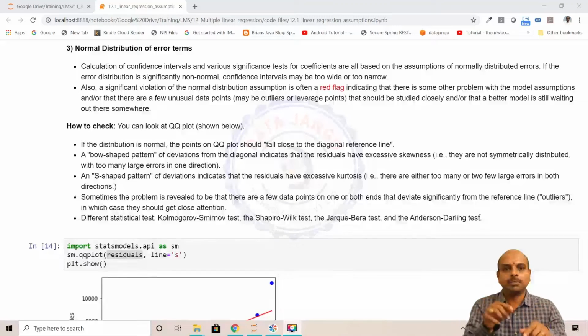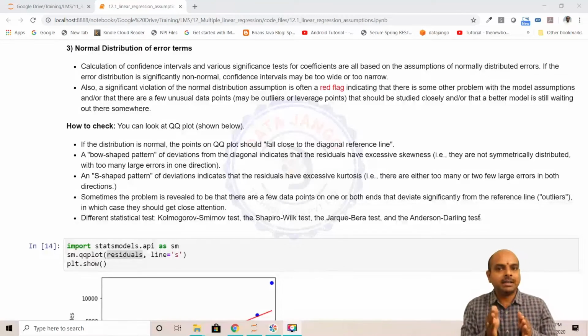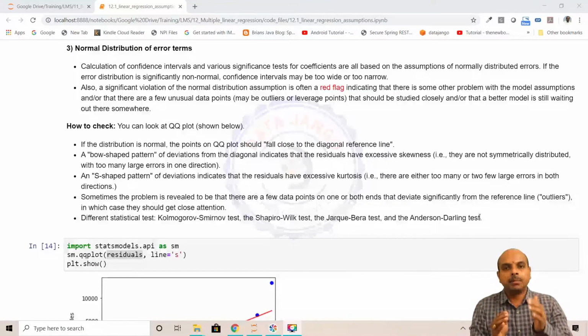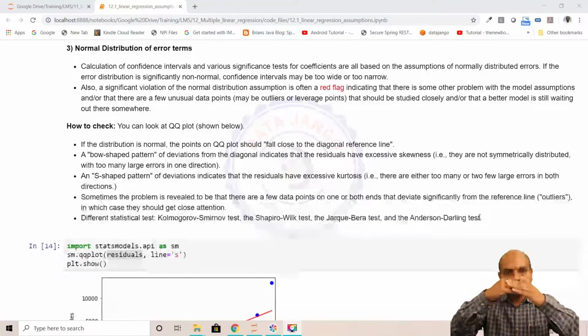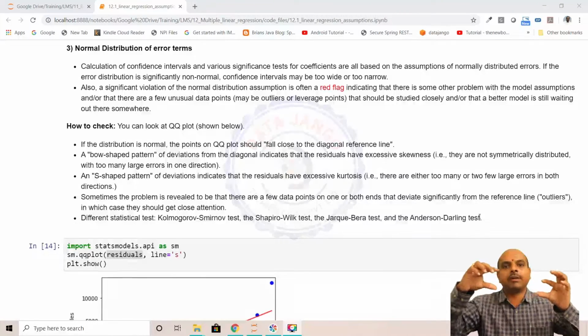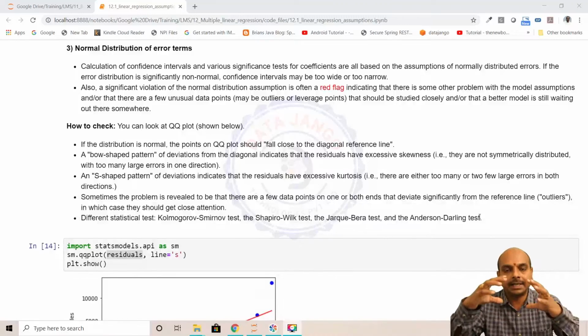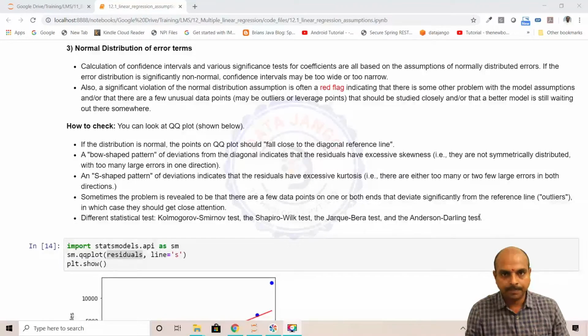When I say normal distribution, at 0 the bar height is very high, and then for negative 1 and positive 1 a little less, negative 2 and positive 2 even less, like that. It's going to form a bell curve. That means most of the data is falling on the line, a little bit of data is falling off the line, and even less is going a little farther, like that. If the data is like that, the error term is going to be normally distributed.